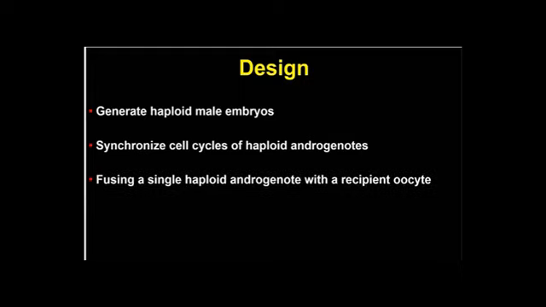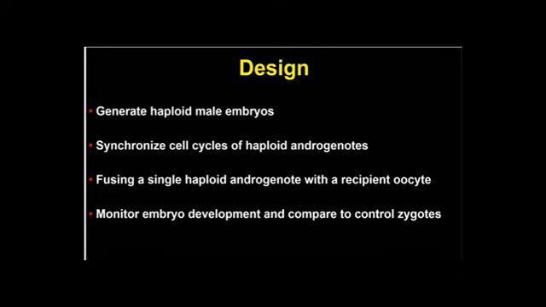Next, cell cycle synchronized androgenotes were isolated and fused with a recipient oocyte to construct a biparental zygote. And lastly, we assess the embryo development of the reconstructed zygotes and compare to control conceptuses generated by standard piezo-actuated ICSI.